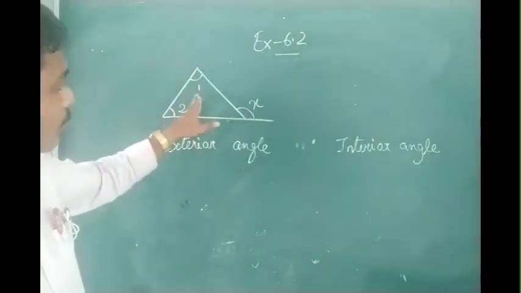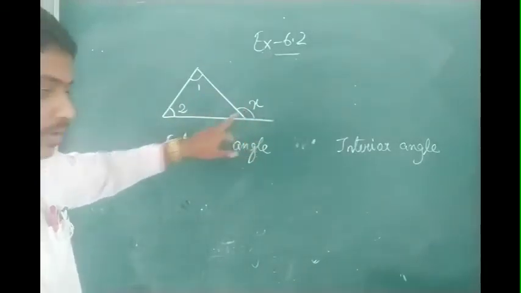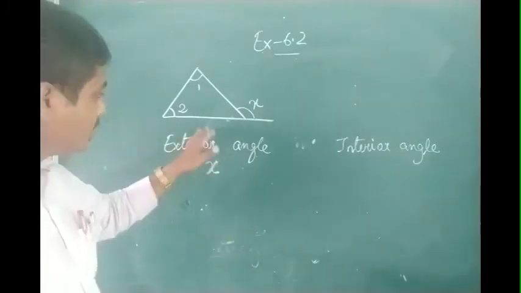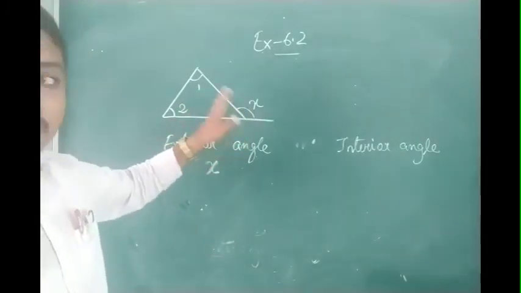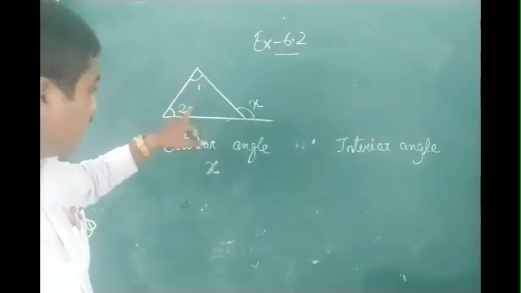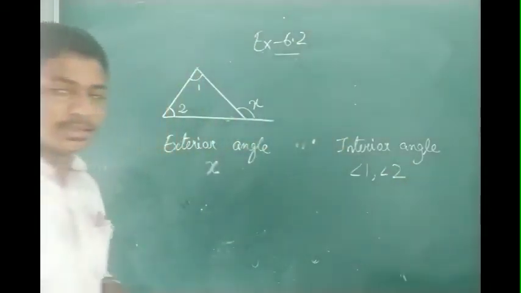If you consider the outside of the triangle, we have one angle, this x. So here your exterior angle is x. Similarly, the interior angles are inside the triangle, and there are two angles, angle 1 and angle 2. Angle 1 and angle 2 are your interior angles.